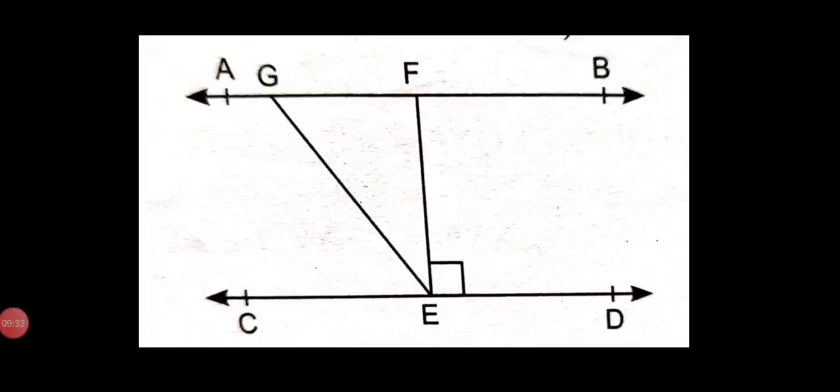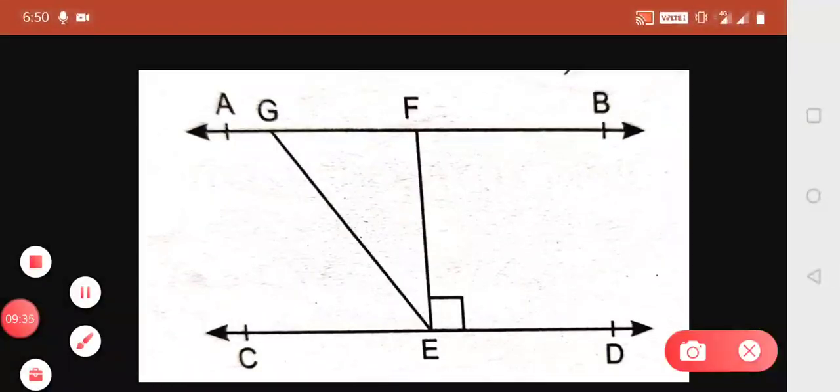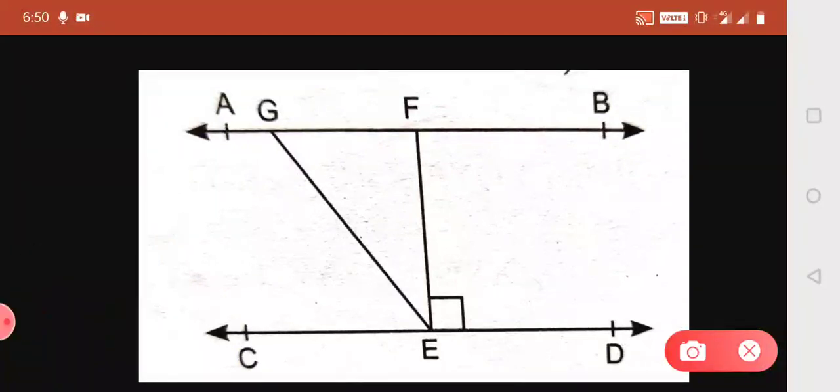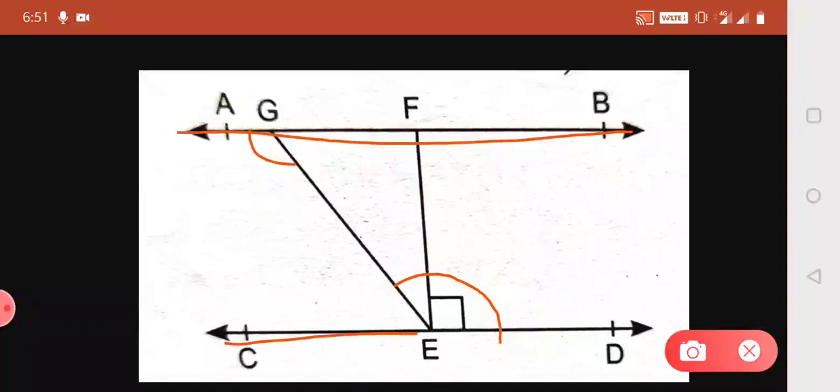As you can see, angle AGE and angle GED make a pair of alternate interior angles when line AB parallel to line CD is intersected by a transversal GE.